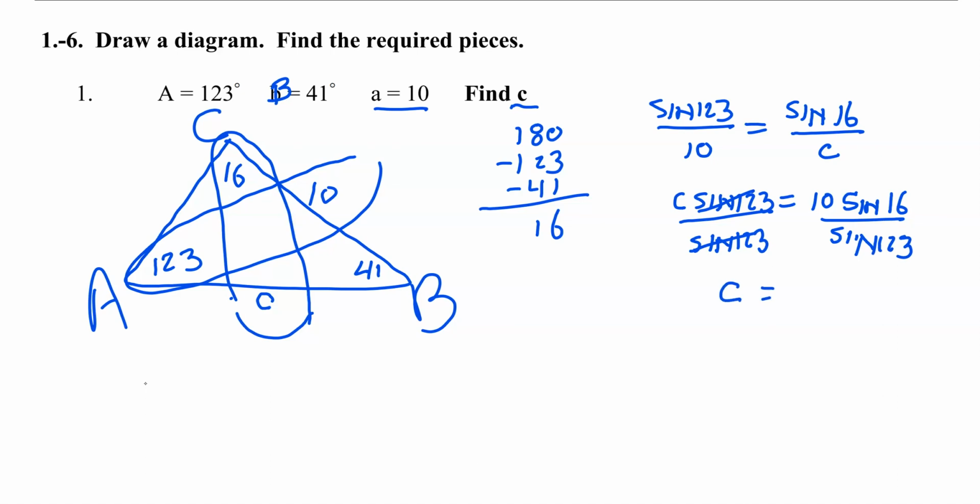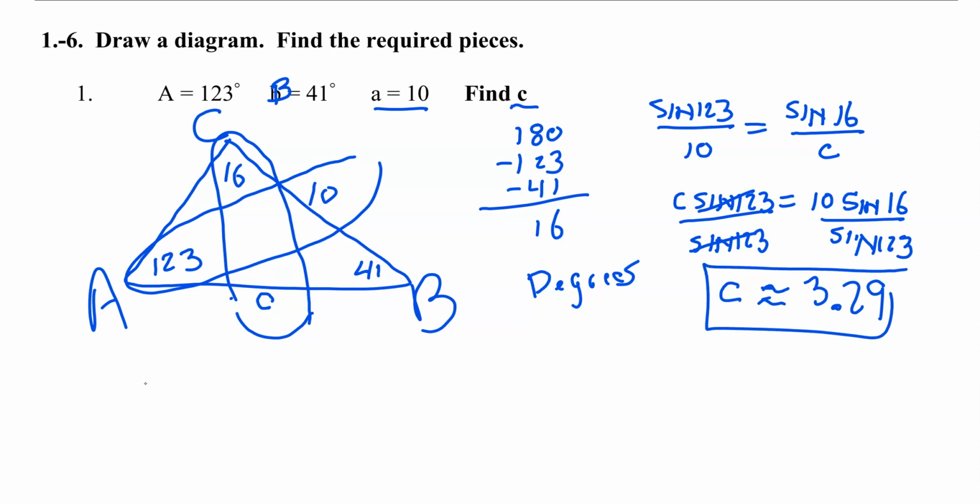We use our calculator. Make sure you are in degrees, right? And we wind up with about 3.29 for side C. Not too bad. Let's do one more. Again, pause it if you need to see what's going on and write it down. Otherwise, let's go on to the next one.